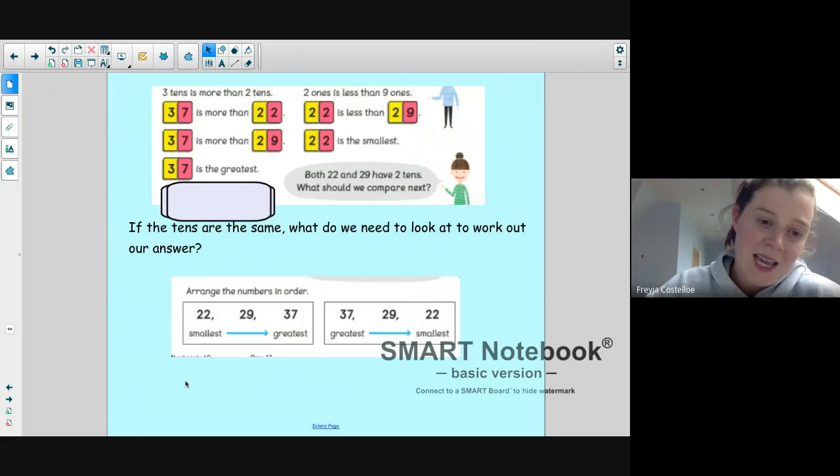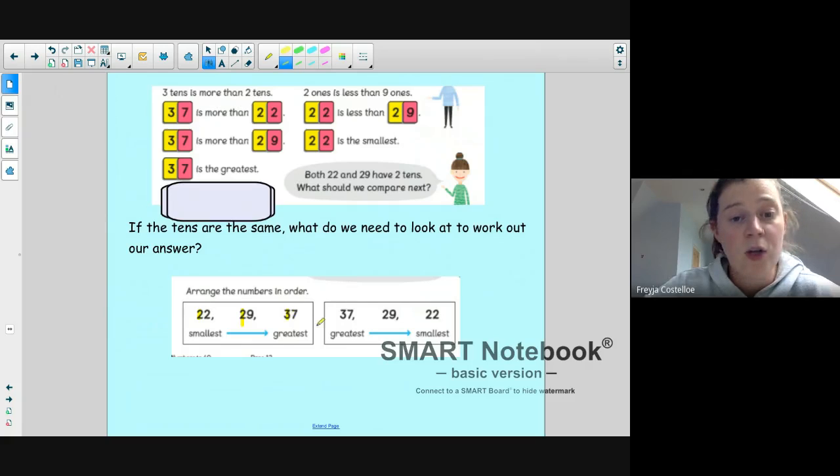We want the smallest here and the greatest here. Remember, the greatest has got the most amount of tens. So we've got 2 tens, 2 tens and 3 tens. Oh, good. So our greatest number is in the right place. 2 tens and 2 tens. Oh, our tens are the same.